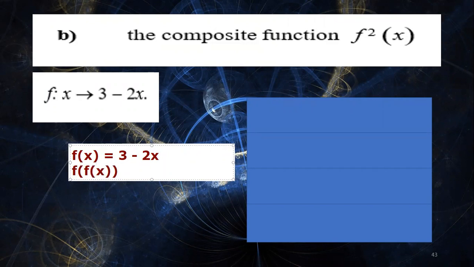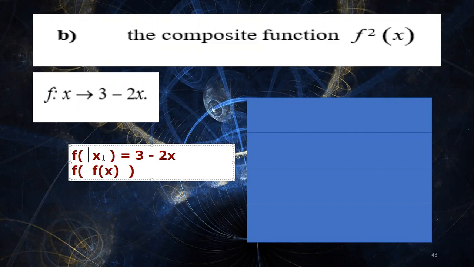Now, in this case, let's look at the first case first. We have x in the brackets. In the second case, we have f of a function of x, so f of x here takes the place of x. So I no longer have x, I have f of x.